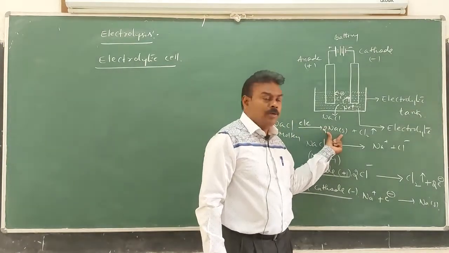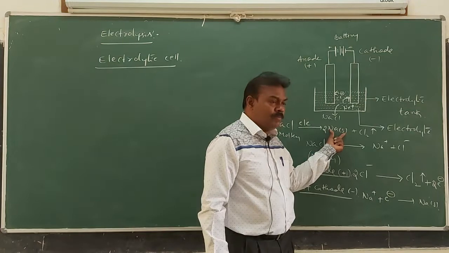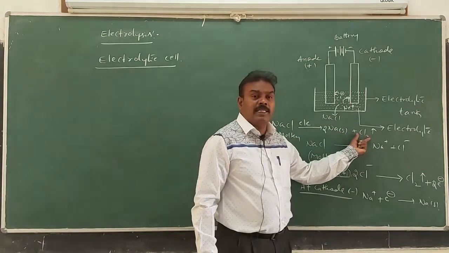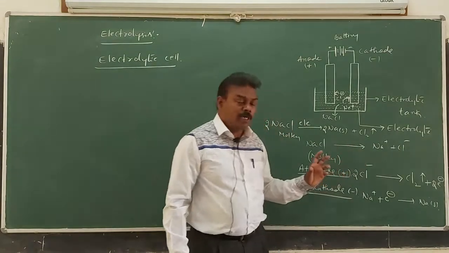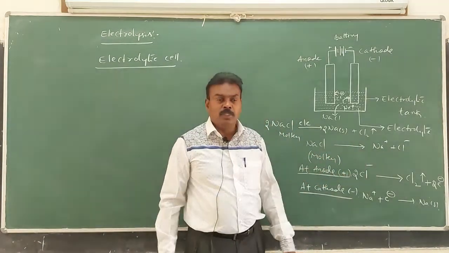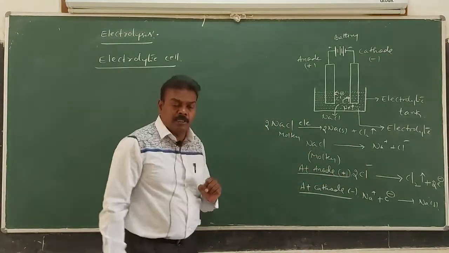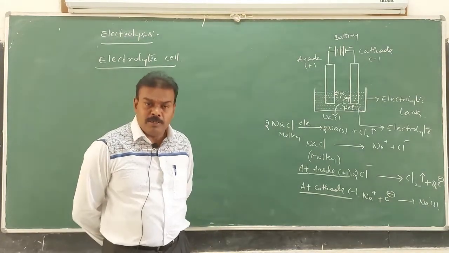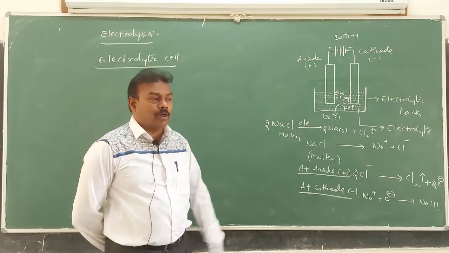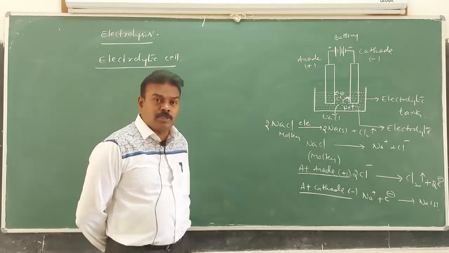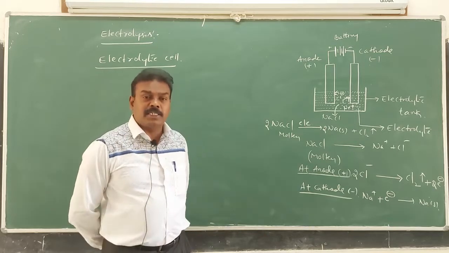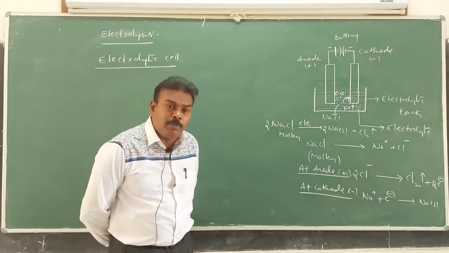When the molten NaCl is subjected to the electrolysis process, it undergoes decomposition to give what? Sodium metal, that is sodium atom. It is deposited on the cathode and chlorine gas will be released or liberated on the anode. So in this way we can understand the concept of electrolysis. Electrolysis is the process of decomposition of a compound into its elements when electricity is passed.